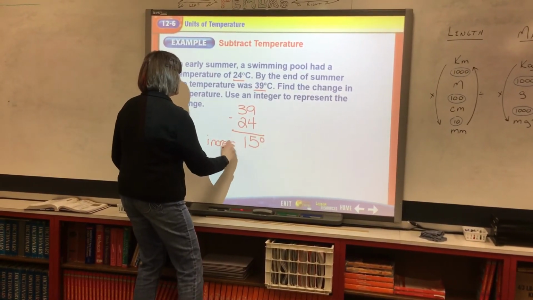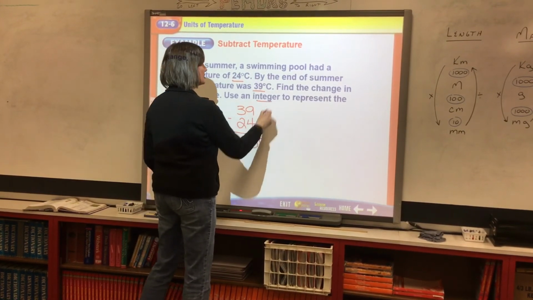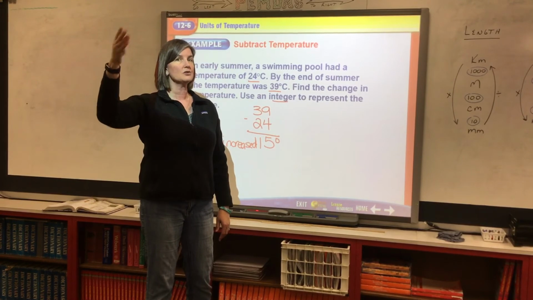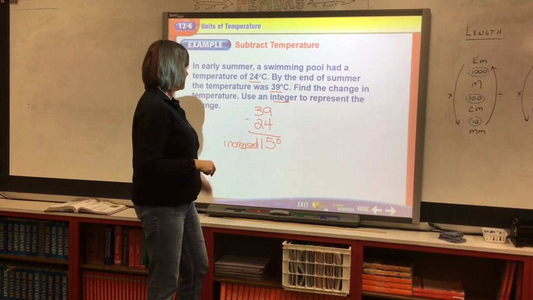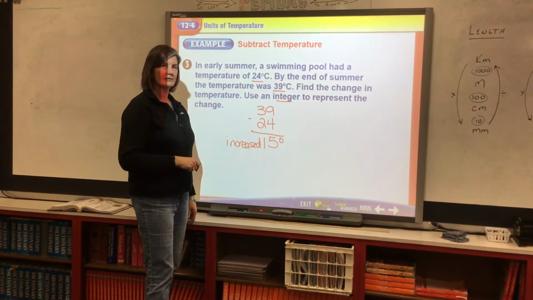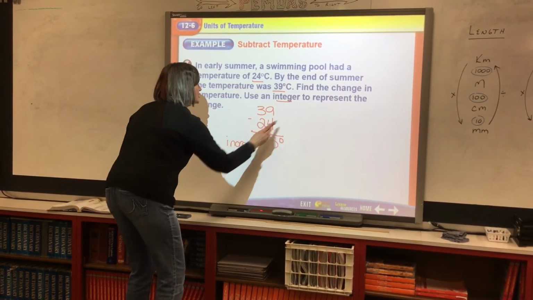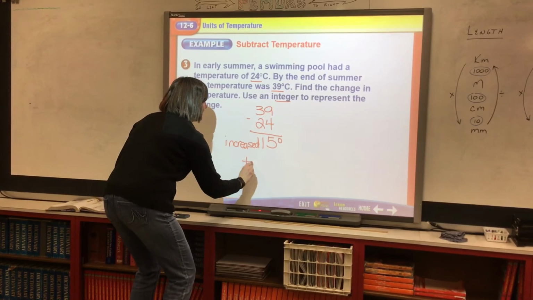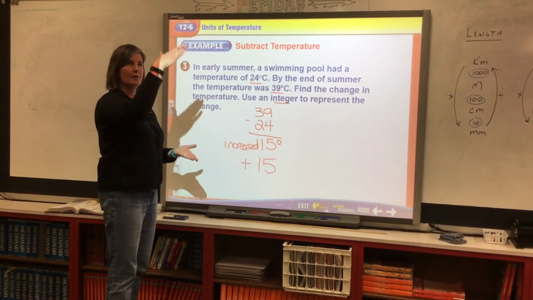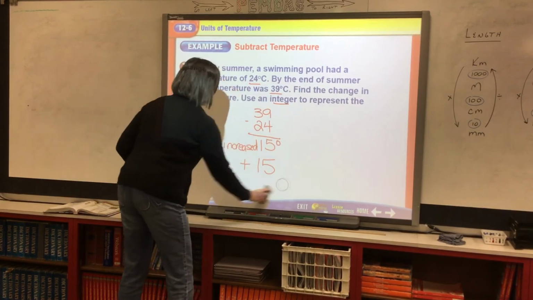Now, when they are asking us to write an integer, they either want us to say, was it a positive increase or a negative increase? Because it increased, is it going to be positive or negative? Positive. So as an integer, we would write that as plus 15. All right, the temperature went up plus 15 degrees.